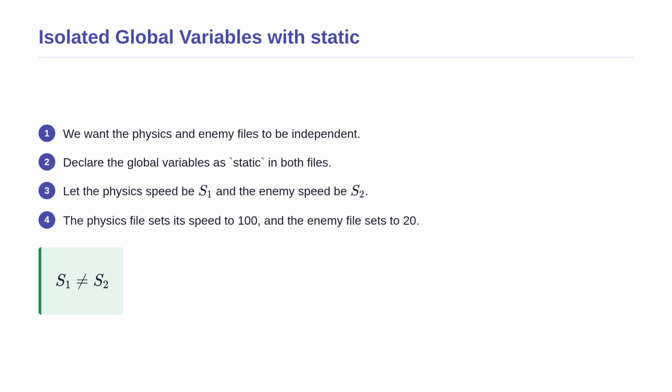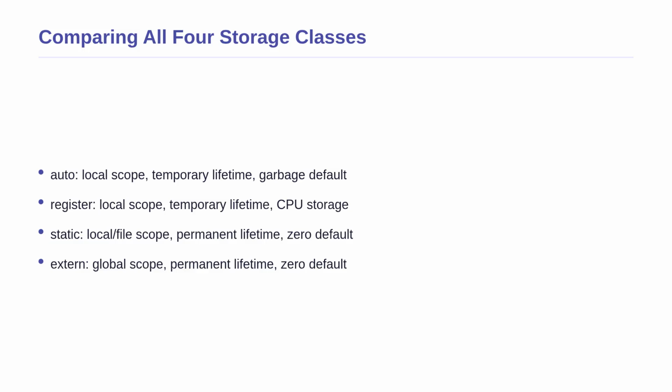They are completely isolated. Now that we have seen all 4 storage classes in action, let us summarize their rules of engagement. For the auto class, the scope and lifetime are local, and it leaves you with dangerous garbage data if not initialized. The register class is similar but requests CPU storage.